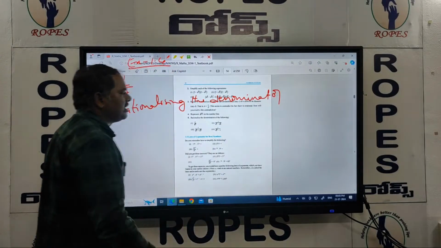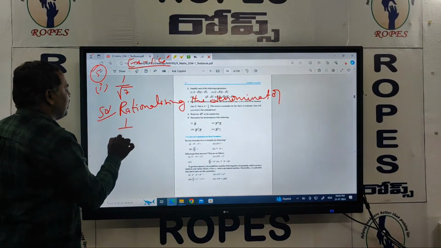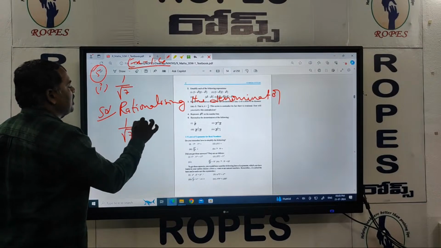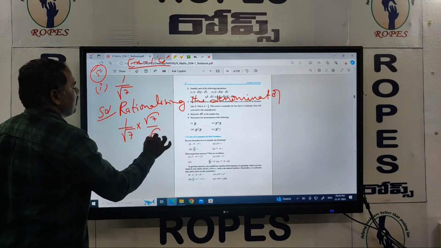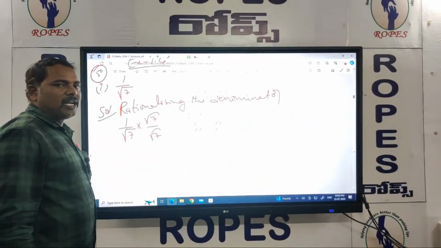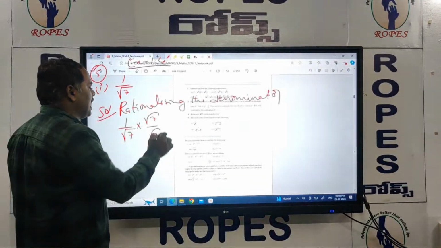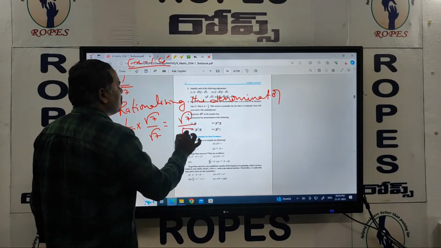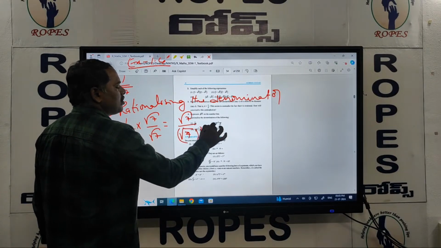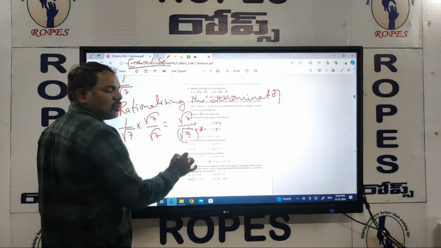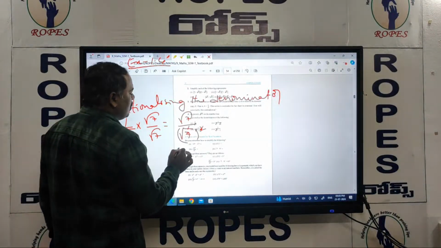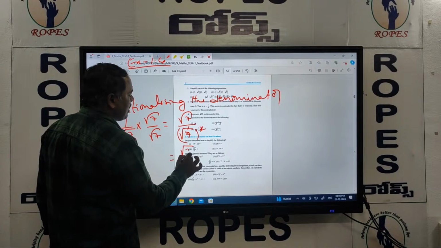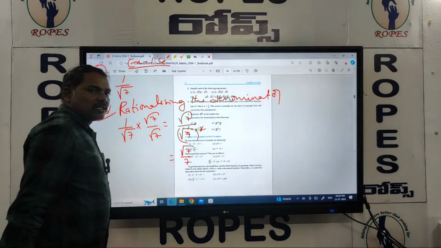After rationalizing this denominator, it will be 1 by root 7 into root 7 by root 7. Here only a single term is there in the denominator, so that's what we are doing. Now root 7 by root 7 into root 7 whole square, and the square root will be cancelled. Now we can write root 7 by 7.